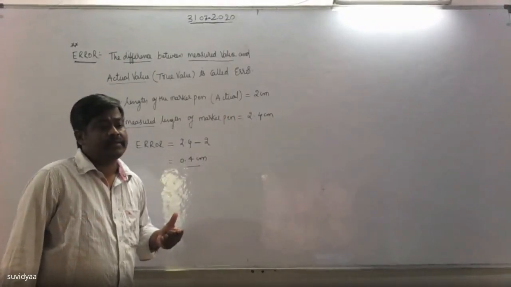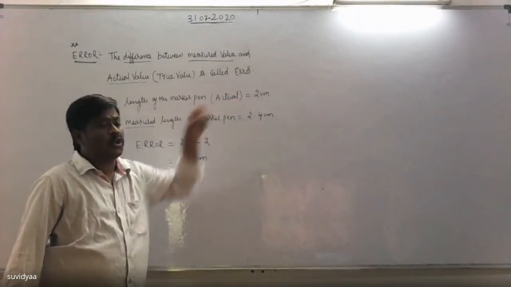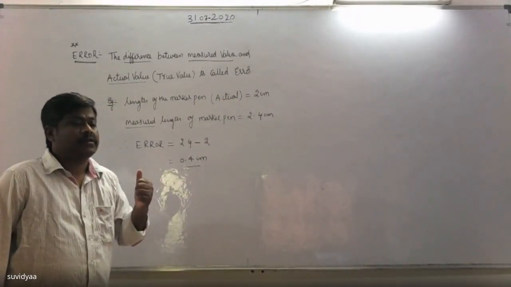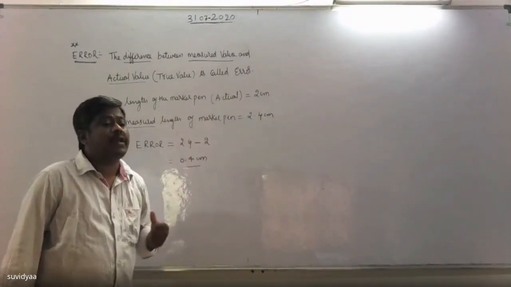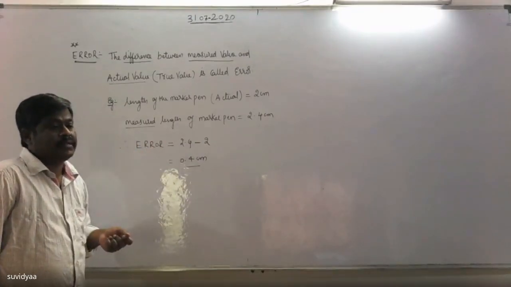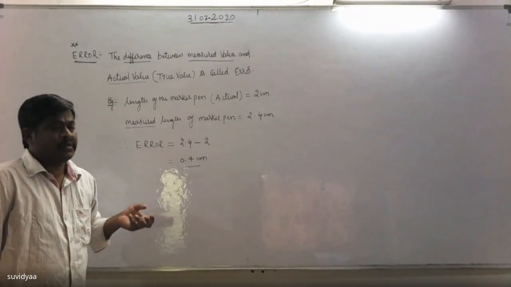Measured value minus actual value will give you the error. So this is the definition for error.